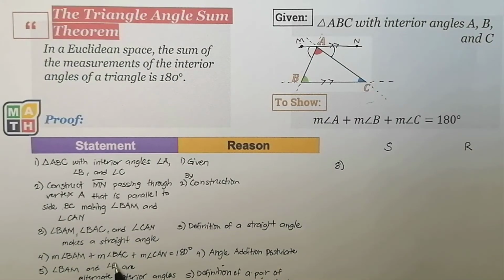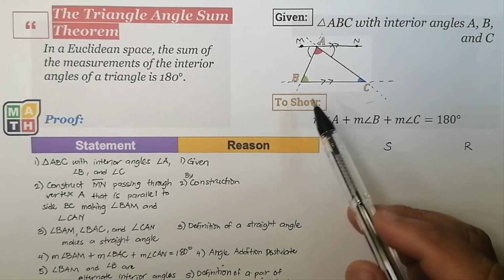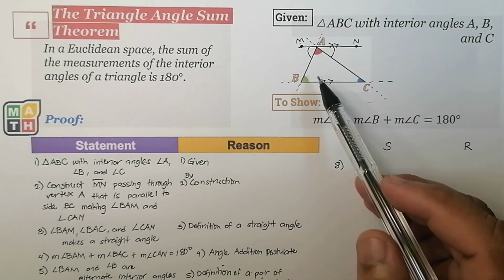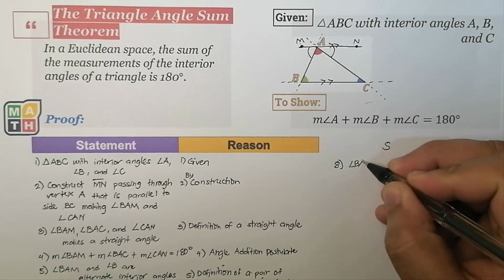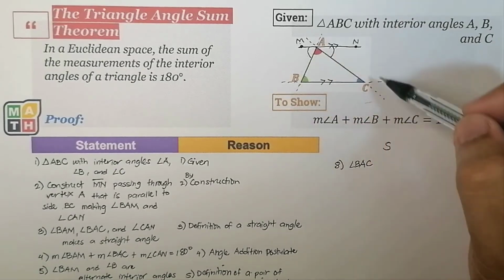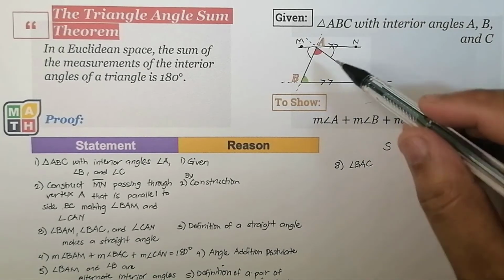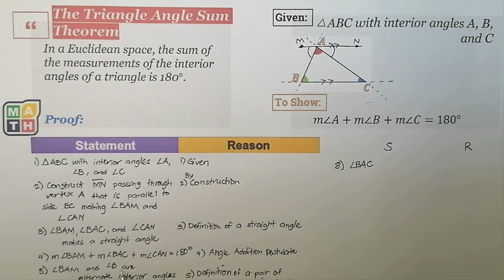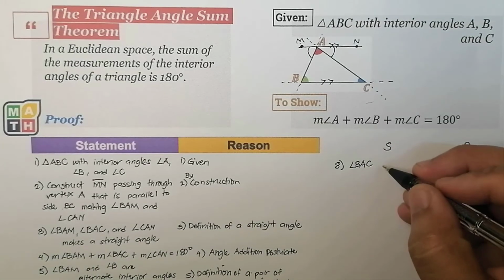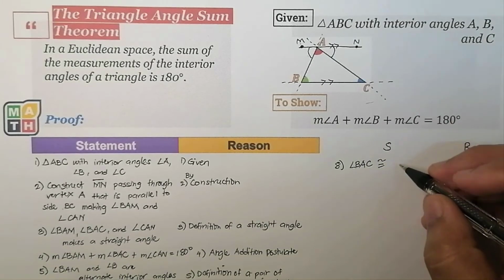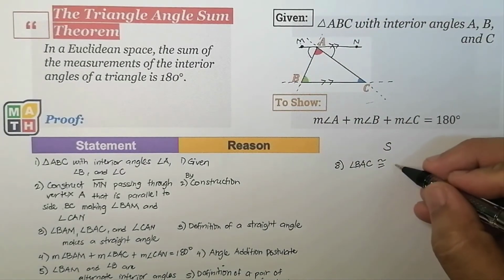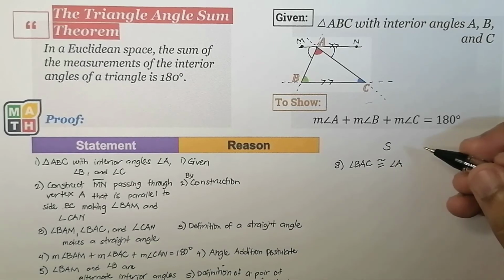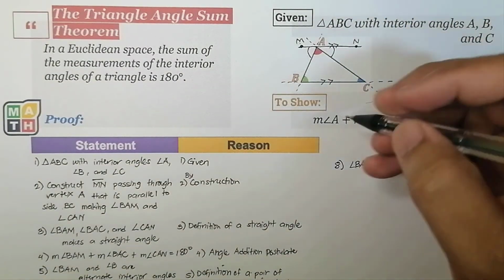Statement number 4 calls it angle BAC, and they are just the same. We could state here that angle BAC or CAB if you want, this angle here in statement number 3 and number 4, is actually congruent to the original angle A. Again, this is talking about original angle A.